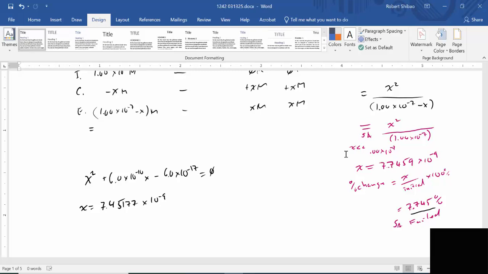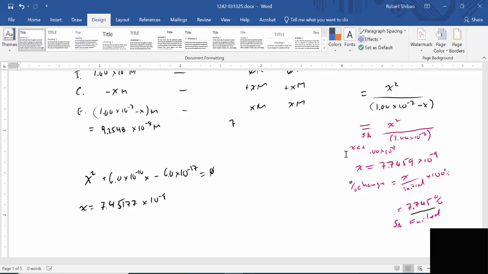And I get 9.2548. Carry some extra digits, 9.2548, that should be enough to minimize round-off error. 9.2548 times 10 to the minus 8 molar. This is more sig figs than I'm allowed, but again, I like to carry that.